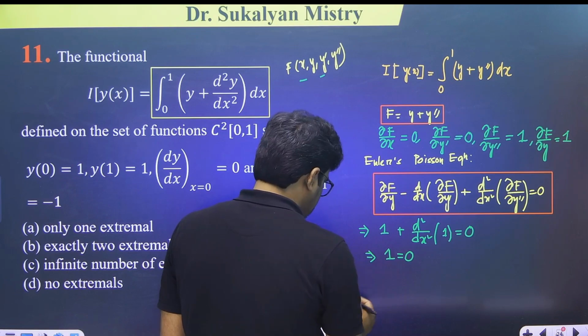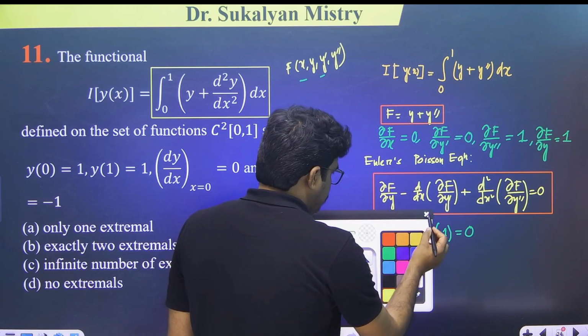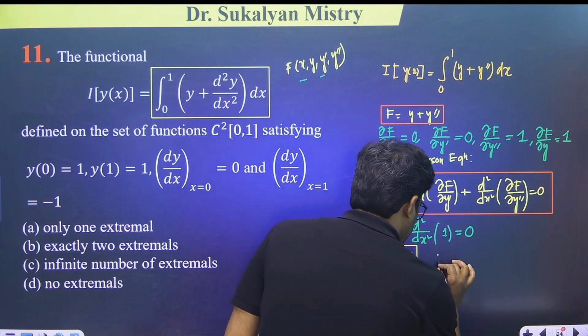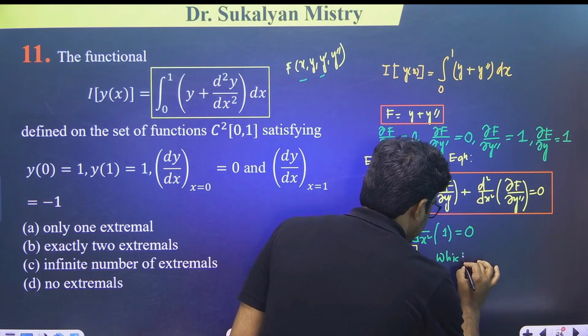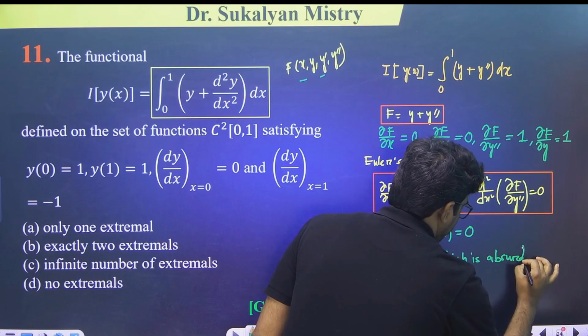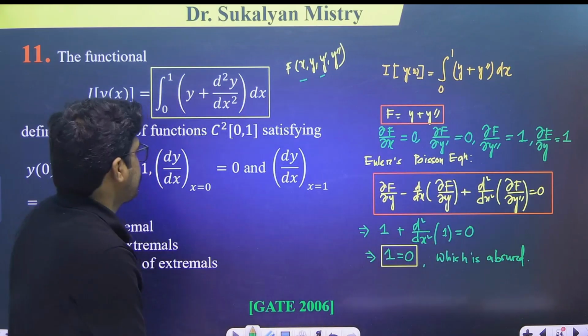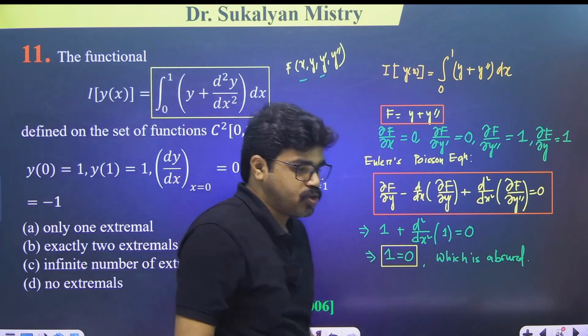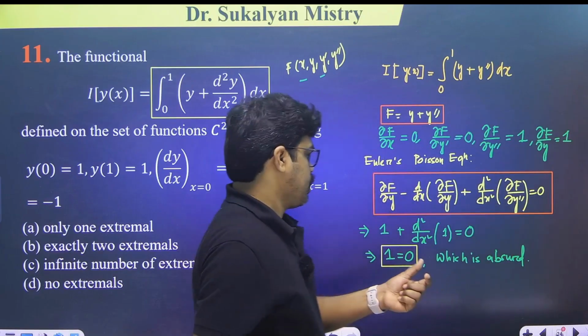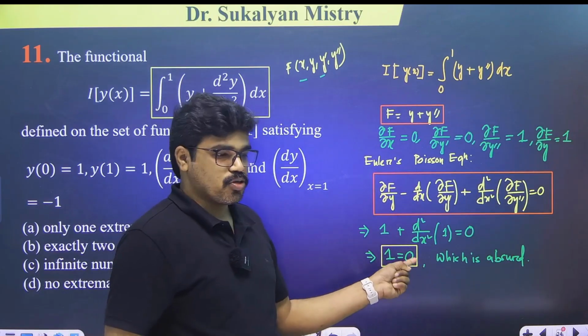So this is absurd, which is not possible. So we conclude that the given functional has no extremal. We get 1 is equal to 0, so this is not possible.